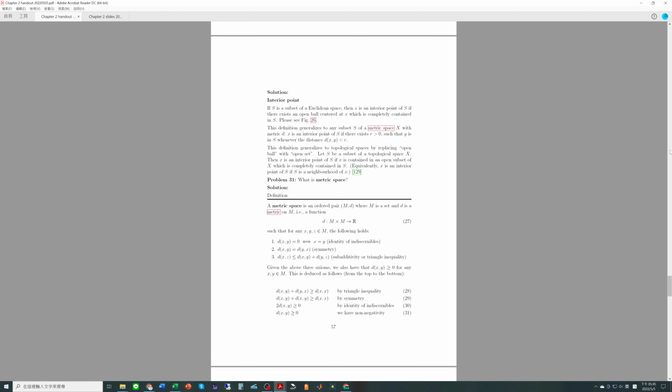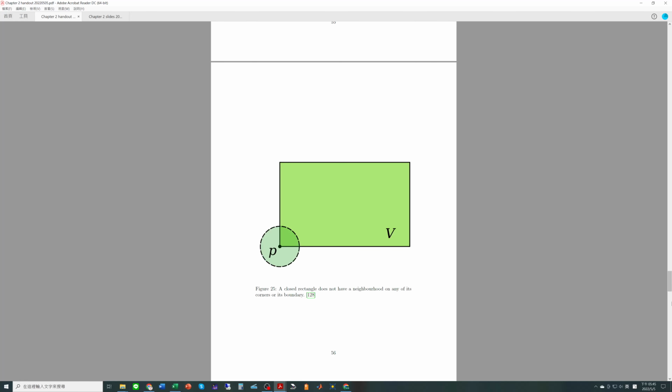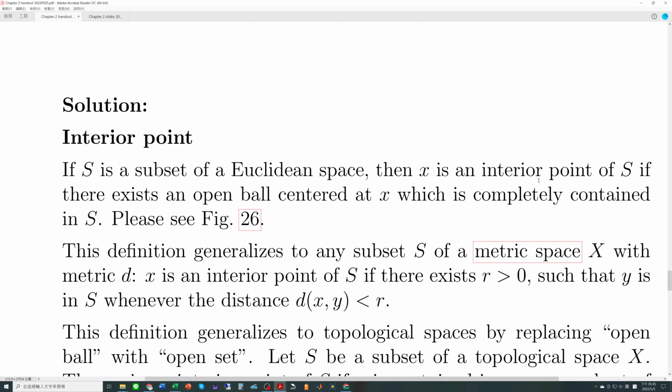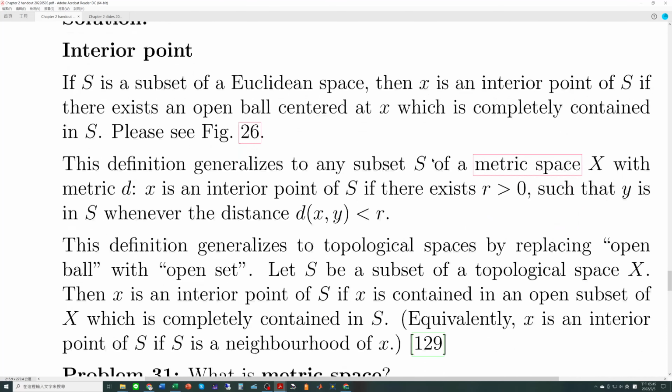Let us go back to the previous page. This definition generalizes to any subset S of a metric space X with metric d. We will introduce what a metric space and a metric are later.